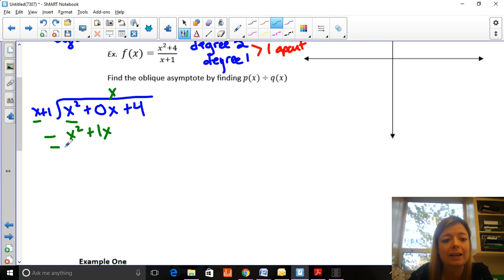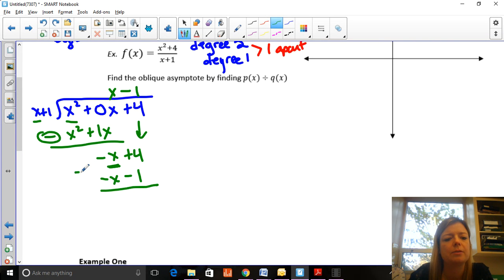Now I subtract. Remember, you subtract. So you get 0, and then negative x. Then you bring down the plus 4. Negative x divided by x is negative 1. Negative 1 times that is negative x minus 1. You subtract, so I get a positive 5 as my remainder.